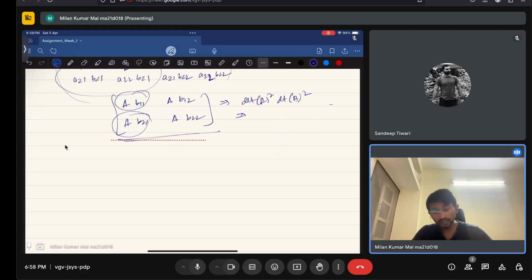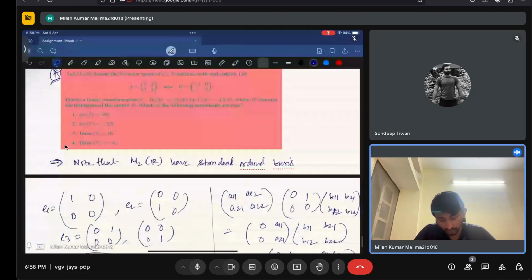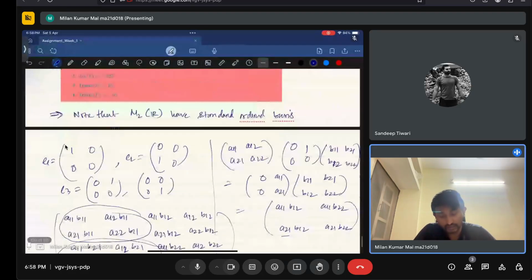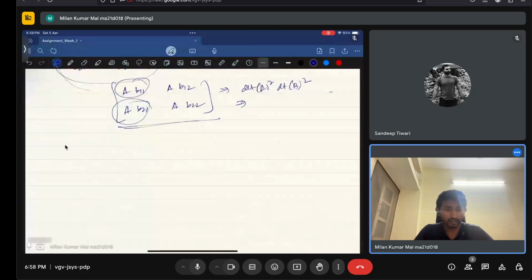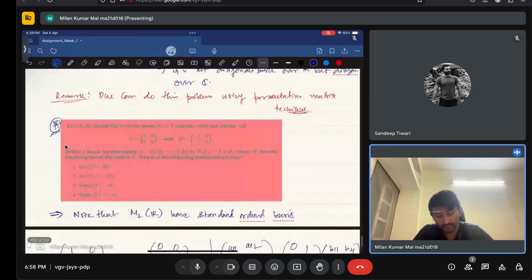Okay, you have to check that. Formally one can keep in mind that this will be determinant of A square, determinant of B square. If A is a 3 by 3 matrix and B is a 3 by 3 matrix, then that will be determinant of A cube, determinant of B cube.